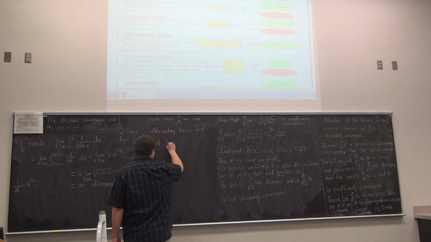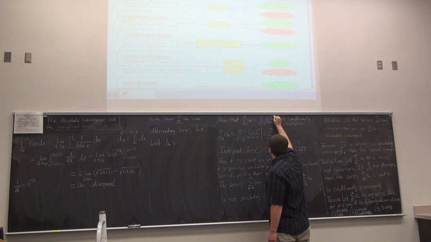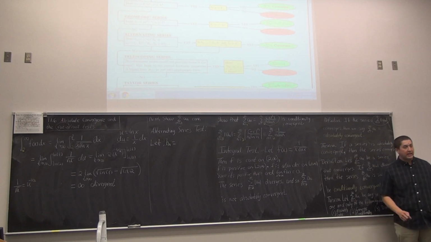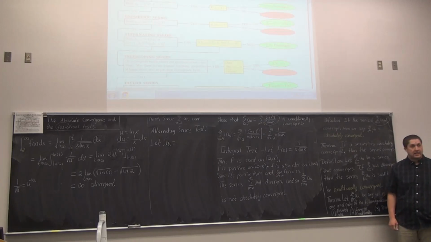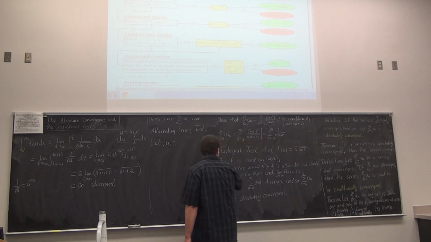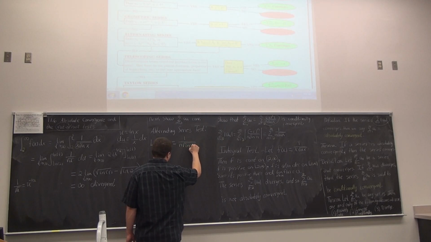The b sub n is always equal to this stuff: 1 over n times the square root of natural log n. In other words, the b sub n is the portion of the series that is always positive, is not alternating. So we set b sub n equal to 1 over n times the square root of the natural log of n.